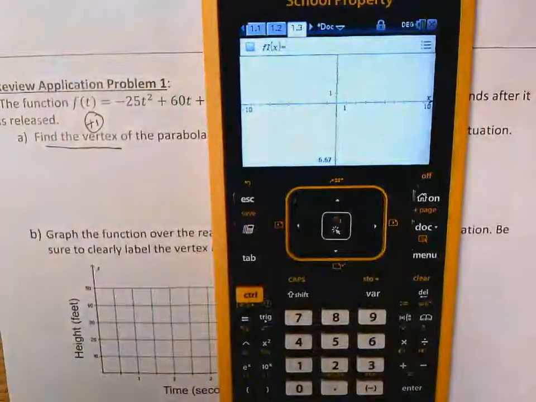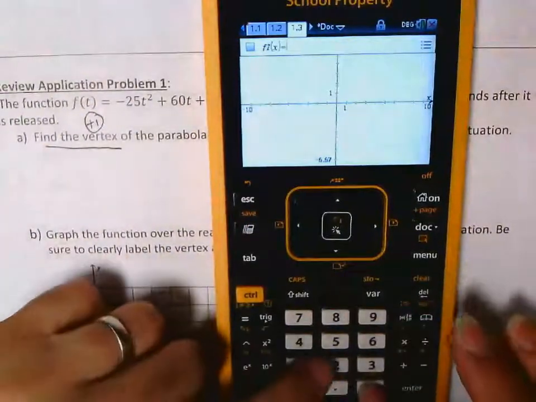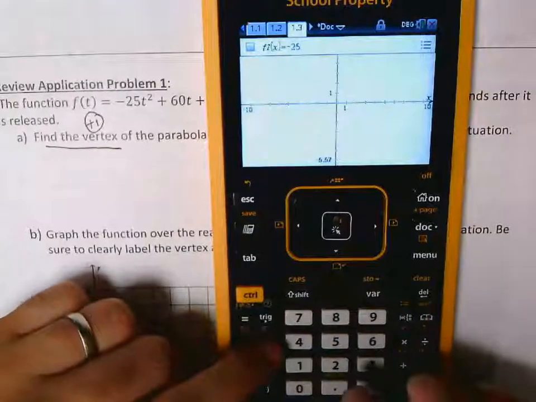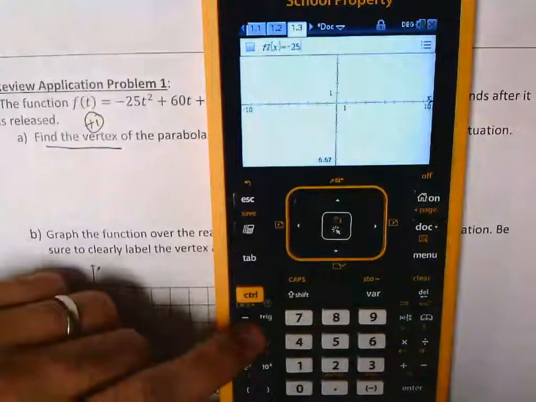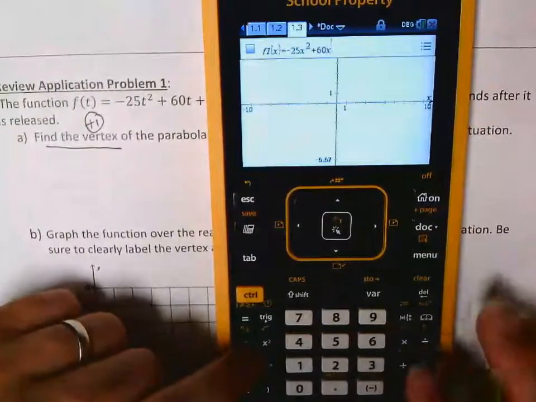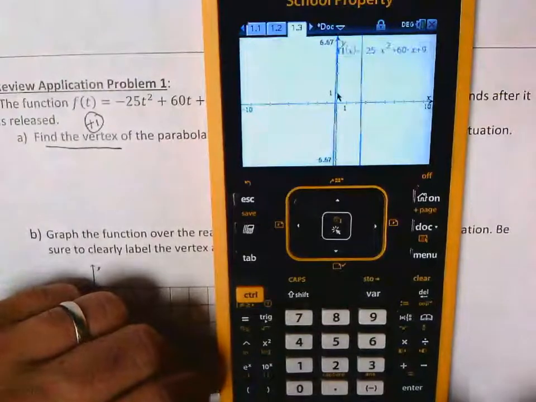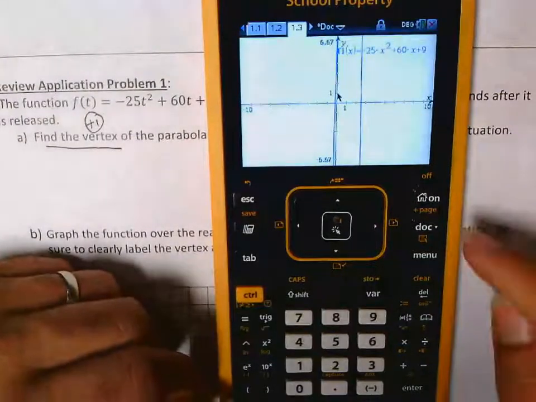So you can go to the graph and plug in the equation negative 25. Because t doesn't work here, I'm going to use x, so x squared plus 60 x plus 9. So I'm going to hit enter and I get that parabola.